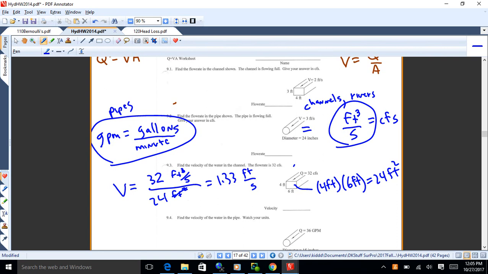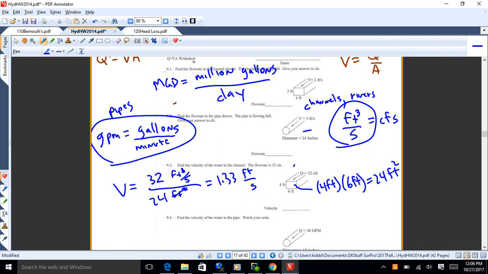And then what's the other flow rate number in the water industry? It's 3 letters. Yeah, MGD, which is for plants and stuff. So that is million gallons, because water plants have a lot of flow. The D is day.